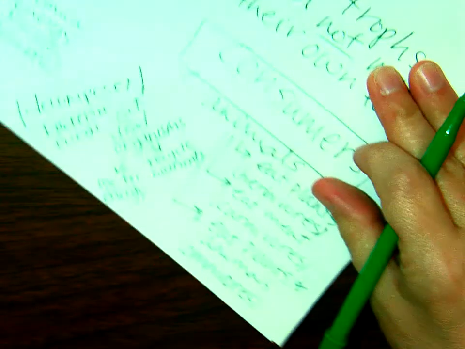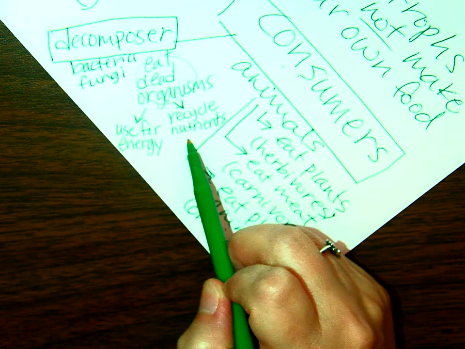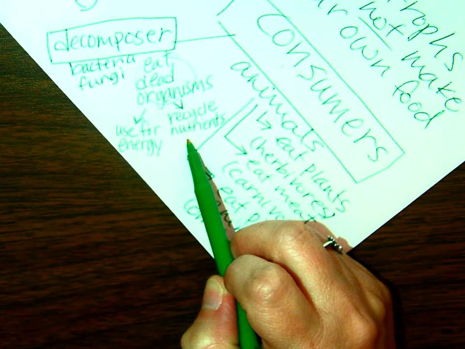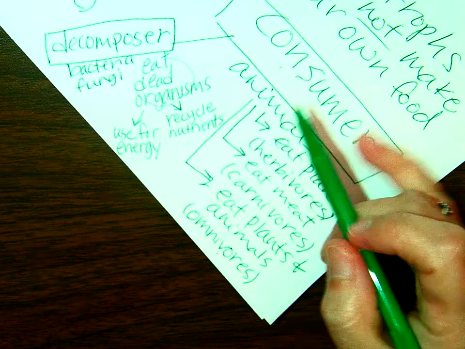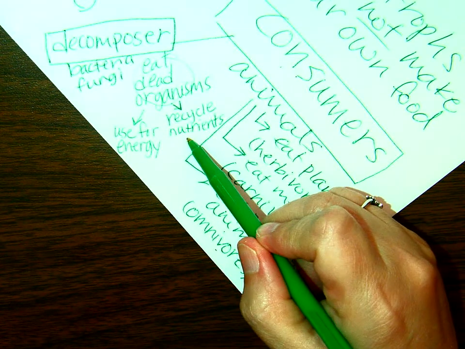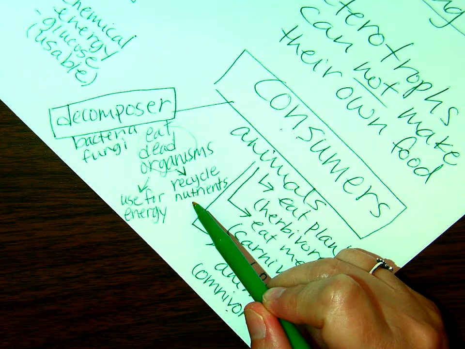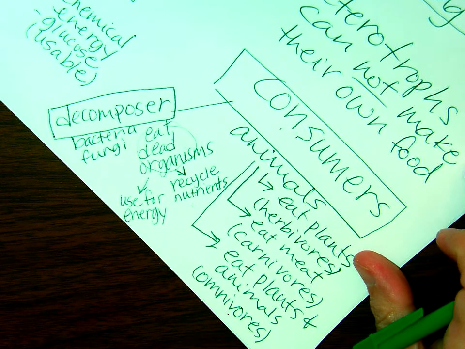Decomposers recycle the nutrients and put them back into the soil for the plants to use. Because plants, yes, they need food and water, but they also need nutrients, just like we do, just like our bodies need nutrients. Okay? So that's it for the first one.